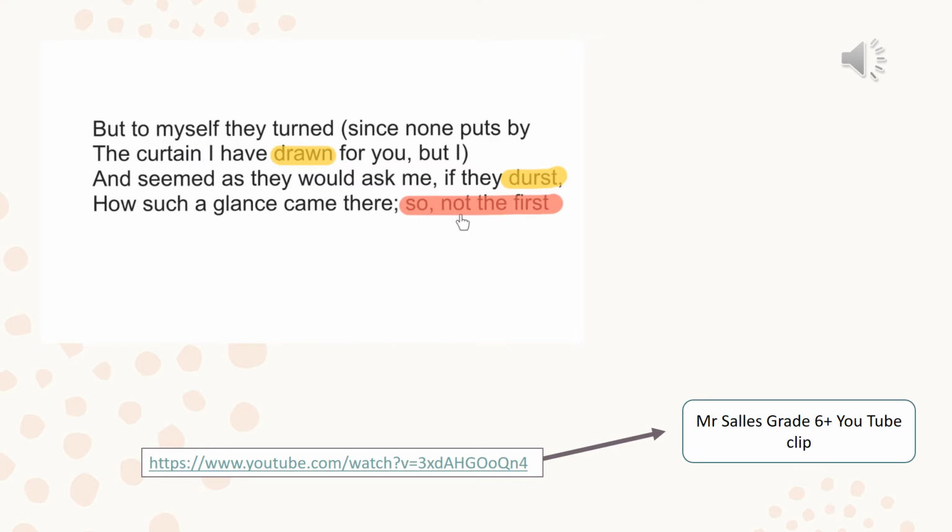So, not the first, he's going to say, you're not the first person to look here. In other words, this is a bargaining tool. He's telling the Count's representative that he's had other offers from rich fathers who want to marry off their daughters, but obviously he's not accepted their offer. And we'll find out later that's because what he wants is money.